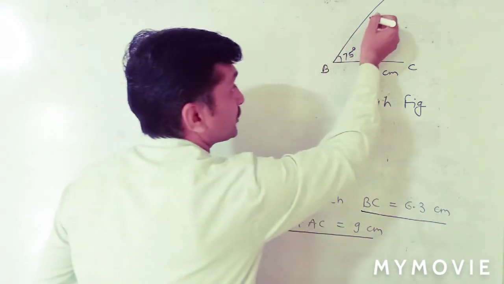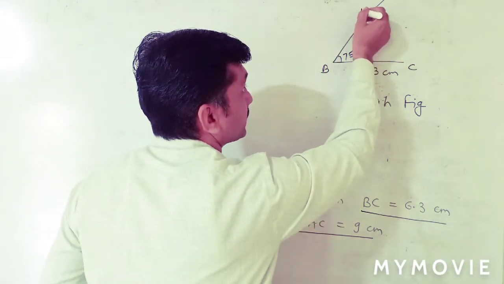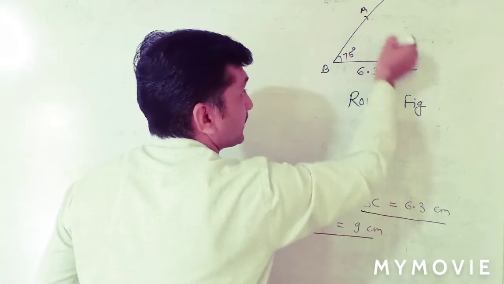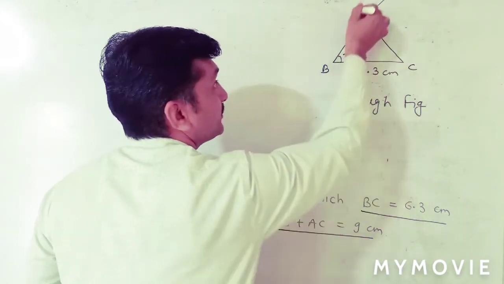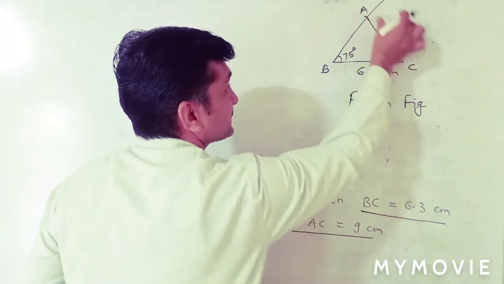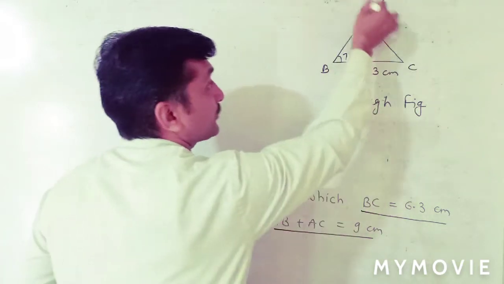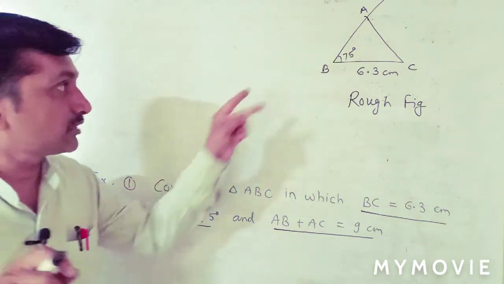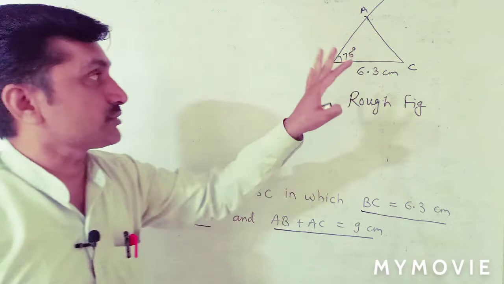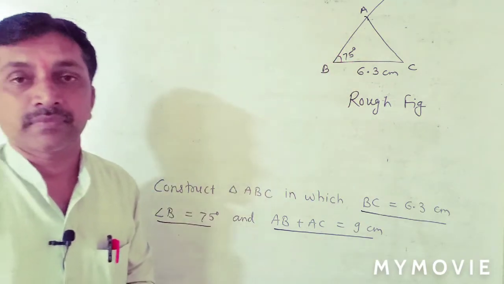Now A will come here, anywhere, AB and AC, here AC is here. AB plus AC, the remaining sides, is 9. Here we cannot show it like this, because we can draw a sum on a straight line, but not like this, that we have to construct. This is a rough figure.